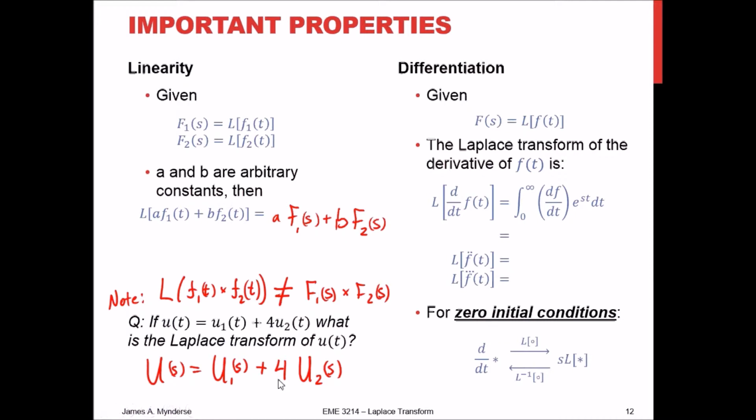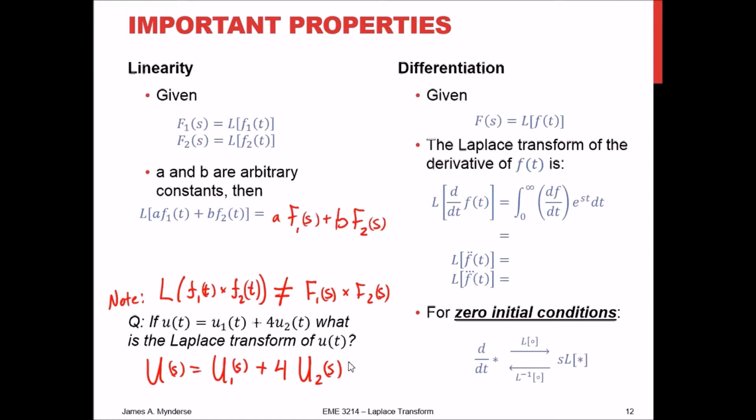This seems simple because maybe we know what these are, but I can take the Laplace transform of this function of time and get capital U1 of s, plus I just bring this 4 in, and I get capital U2 of s. Another consequence of this is that I can do these by terms. I don't have to do the addition first. I can do the addition later.